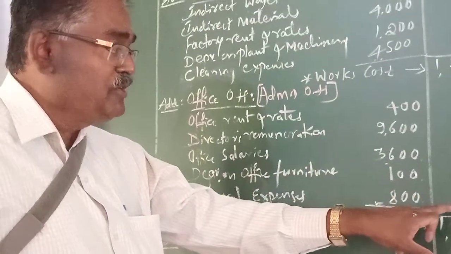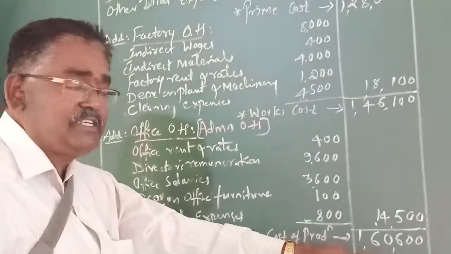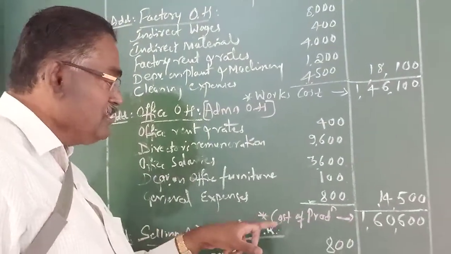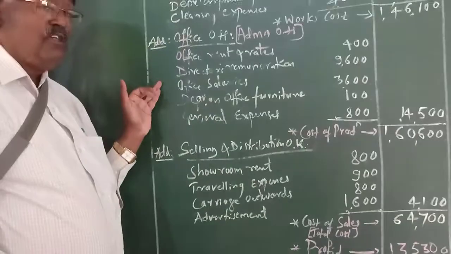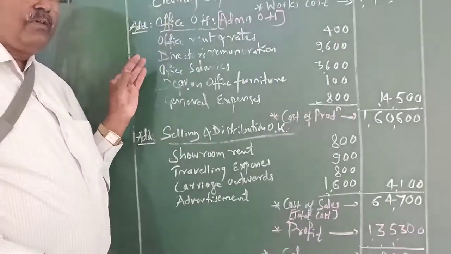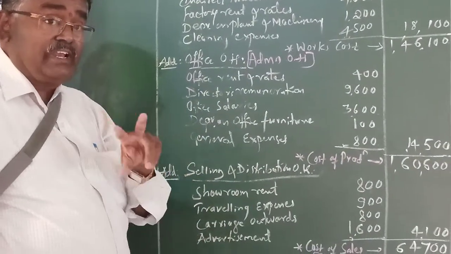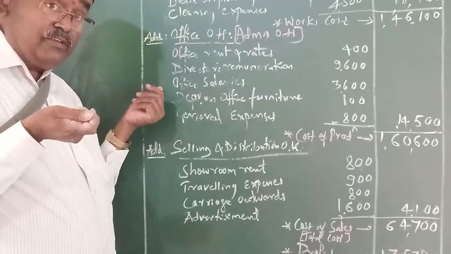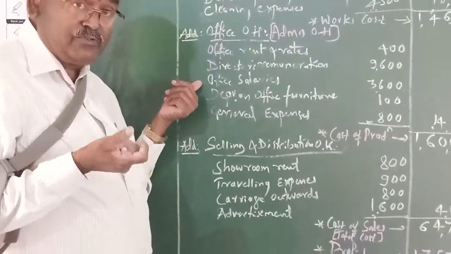Total office or administrative overhead is 14,500. After adding this, 1,60,600 becomes the cost of production. In this case, if there are any opening or closing finished goods, if the opening stock of finished goods is there, then it is to be added to office overhead.